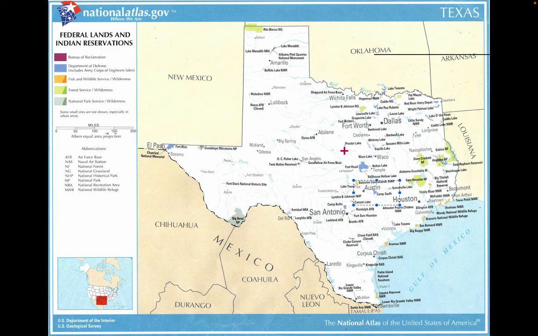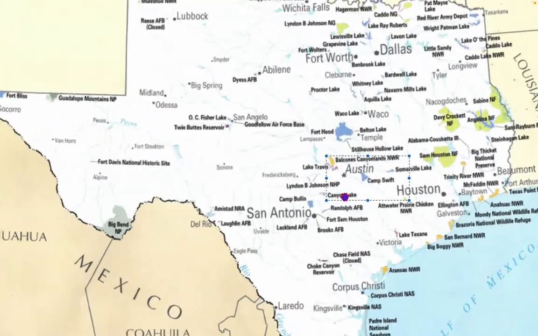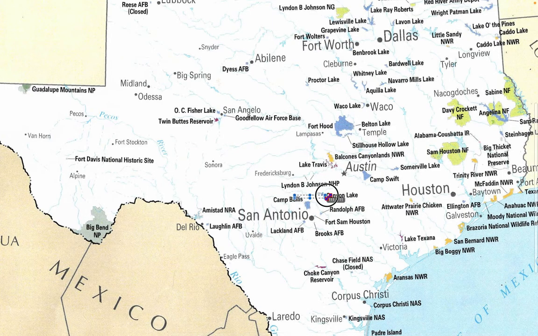I don't know. But that is what Lincoln did. So these federal areas cannot secede from the Union because they are not independent states.